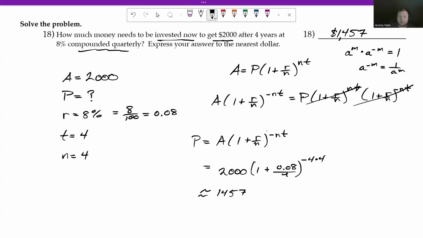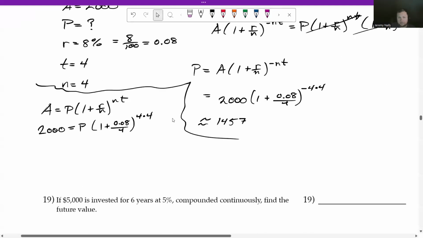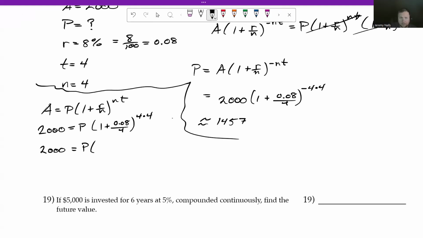The alternative version of this is, if you start from here and just plug everything in. Let's see. Well, the inside of that's not so bad.